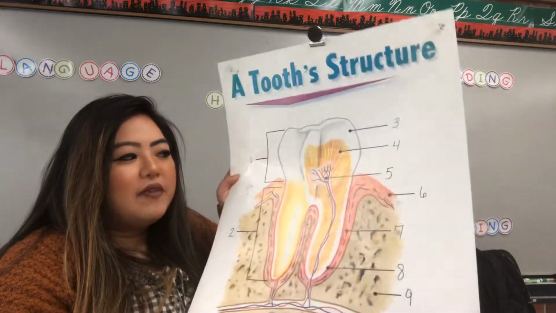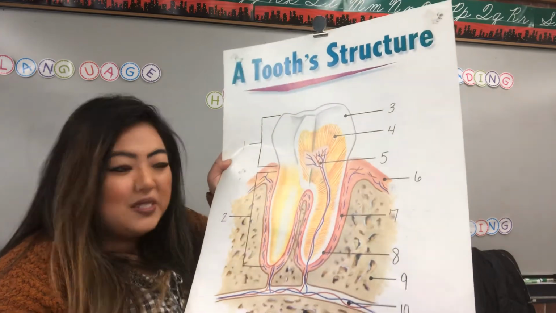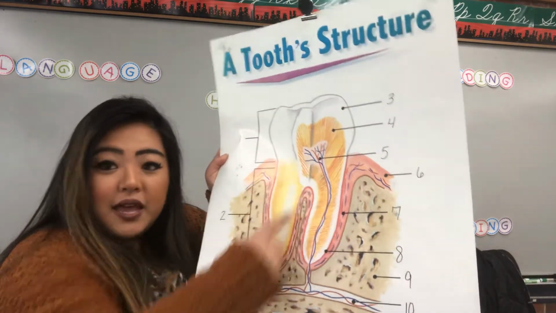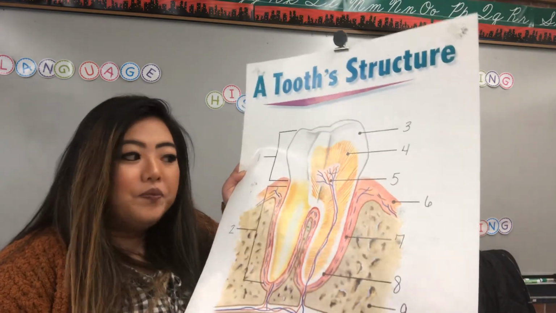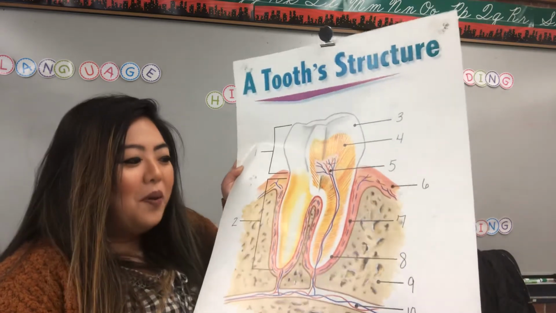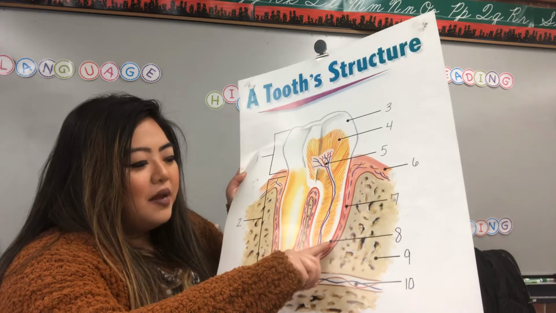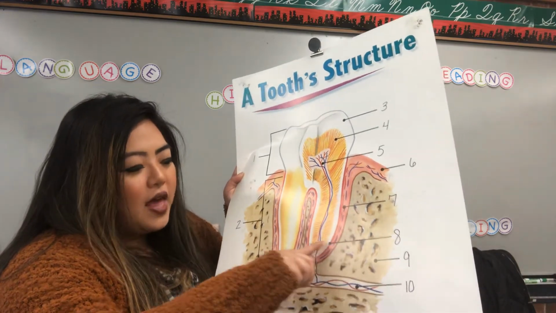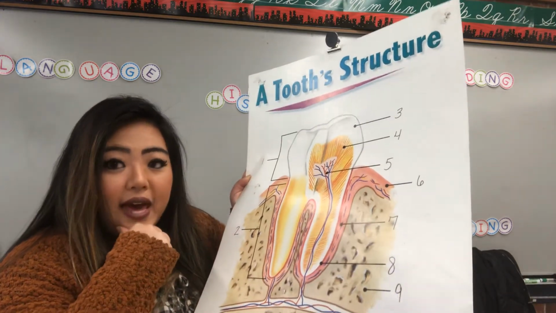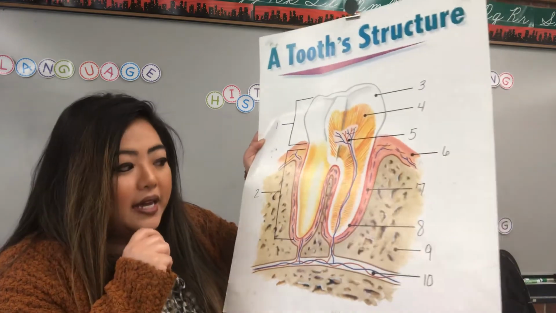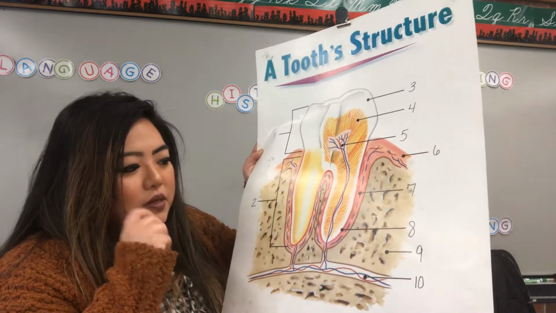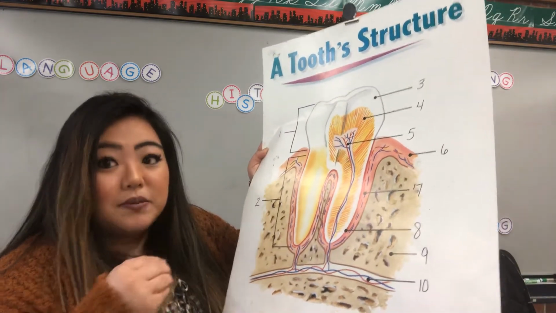And now we have in the center, with the blood vessels and the nerves, this is your pulp. Then at the bottom, at the root, we have the thin layer that keeps it cemented in place.